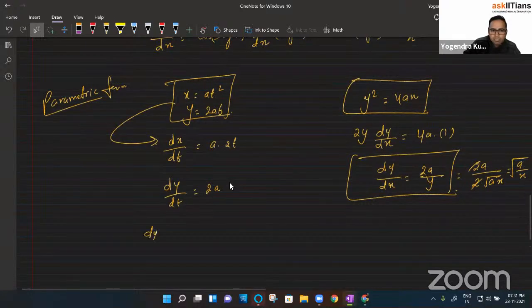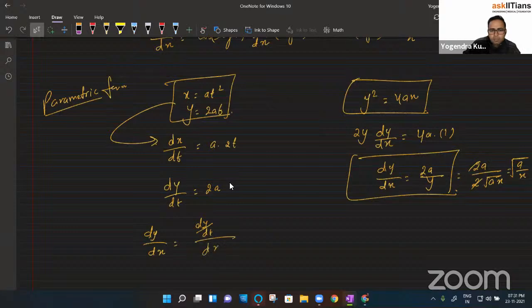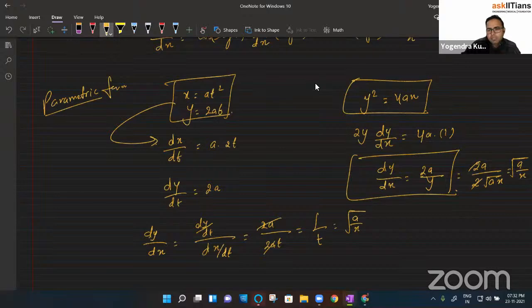I was supposed to get dy by dx, so I just divide dy by dt by dx by dt. We get 2a divided by 2at, 2a cancels, 1 by t. And t, from here, is root of x by a. So this becomes root of a by x, the same answer.